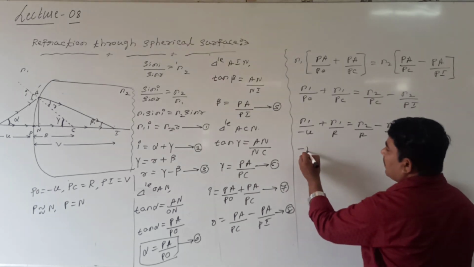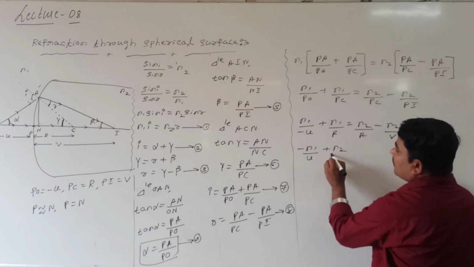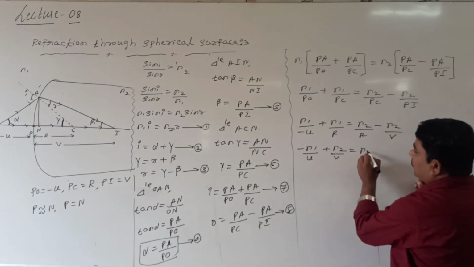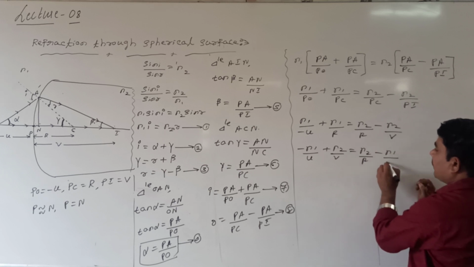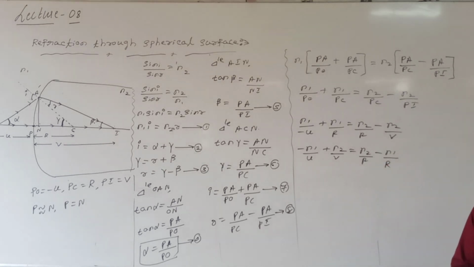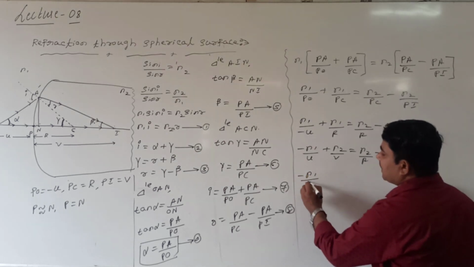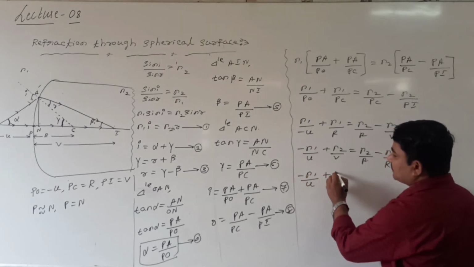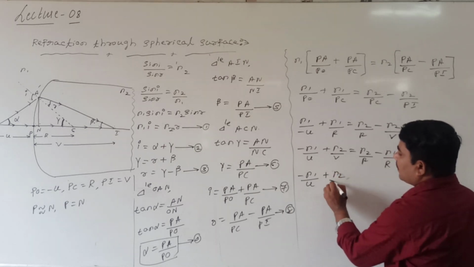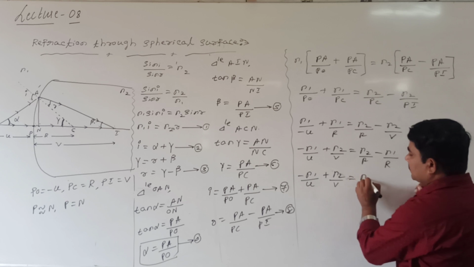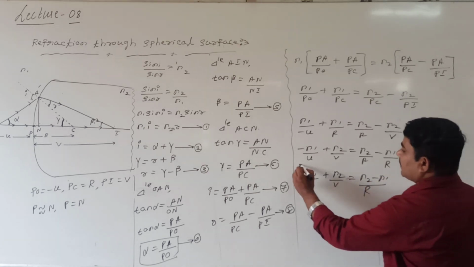What do you get? Minus N1 divided by U plus N2 divided by V is equal to N2 divided by R minus N1 divided by R. R is common, so minus N1 divided by U plus N2 divided by V is equal to N2 minus N1 divided by R.